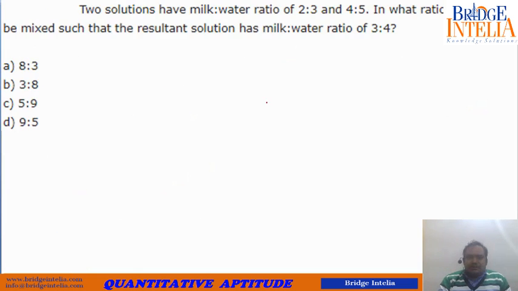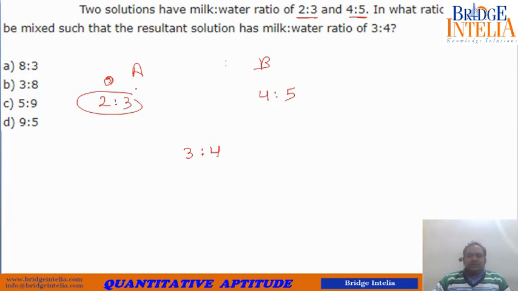Okay, now let's have a look at this one. Again, two solutions, 2:3. So let's name them A:B. Ratio is 2:3. Here the ratio is 4:5, and in the resultant you want to see this ratio 3:4. So 3 plus 2, 5, 5 plus 4, 9, 4 plus 3, 7. Okay, so take their LCM.